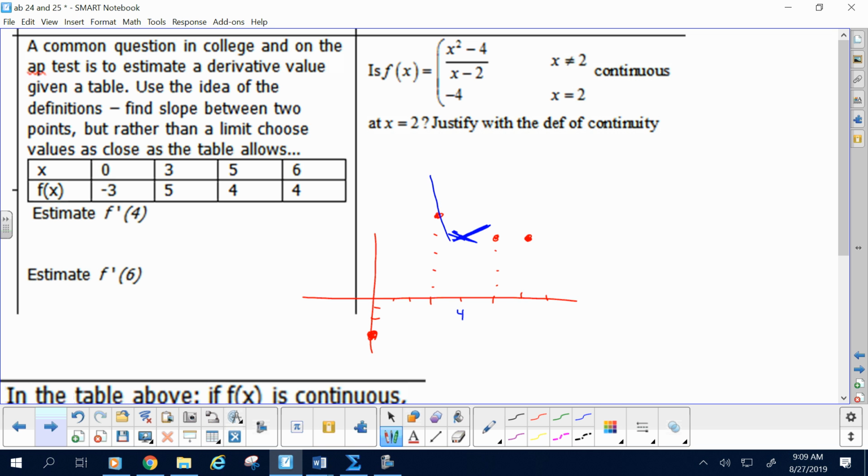Well, I don't have any clue. It could be this, or the curve could look like this, or like this. There's just no way to know. The best I can do is take these two points and draw a secant between them and hope that that's a pretty decent estimate of the change at 4.